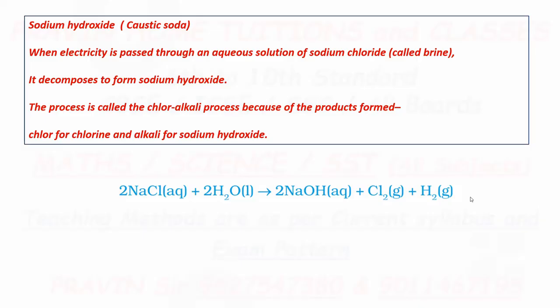The process is called chlor-alkali process because the products formed are chlorine and sodium hydroxide: chlor for chlorine and alkali for sodium hydroxide.